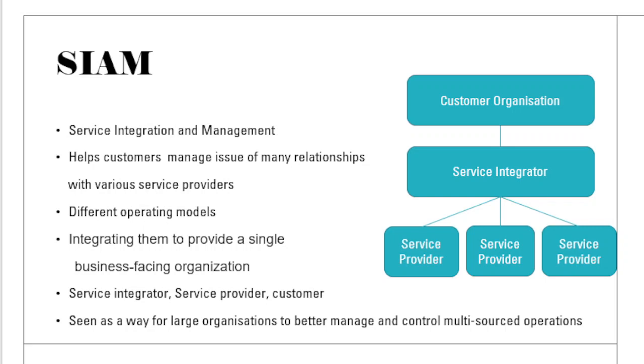As you can see, I've put a very quick graphic there showing that there's three levels. You have the customer organisation, the service integrator, and then all of the various service providers. And typically it's seen as a way for large organisations to better manage and control multi-sourced operations. It's an effective way of running an operating model.